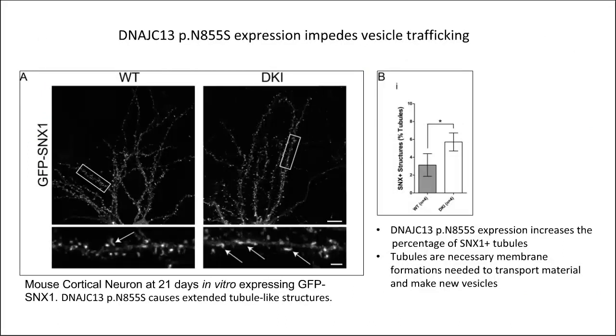So what we do is we make particular mouse models that will harbor a single mutation in the gene that we are interested in. In this case, it's the DNA-JC13 gene, and we've mutated a single residue, and basically we go about studying how the expression of that protein will alter cellular functions.